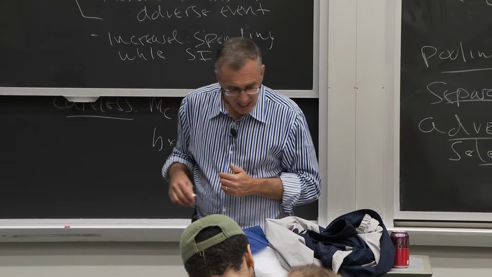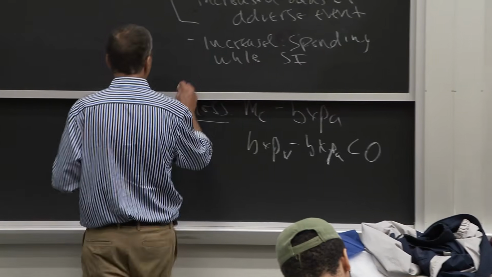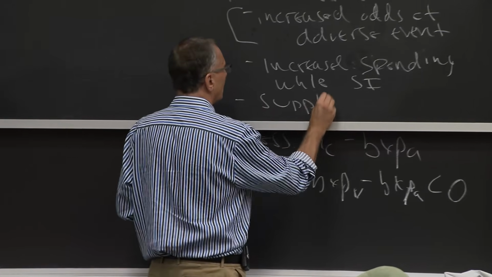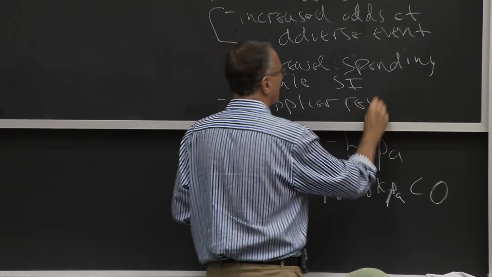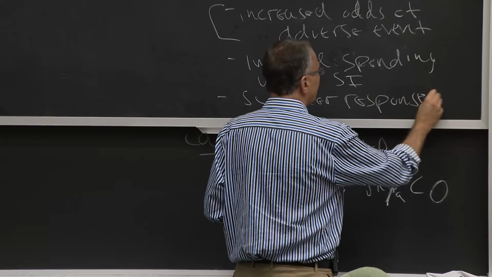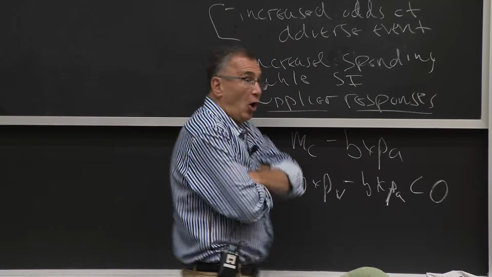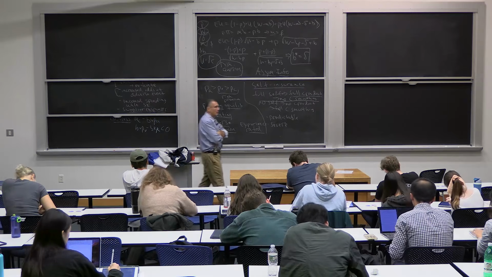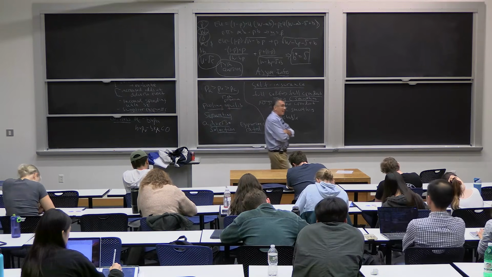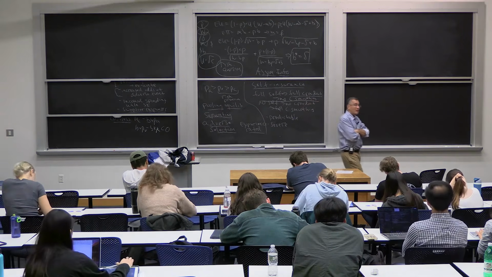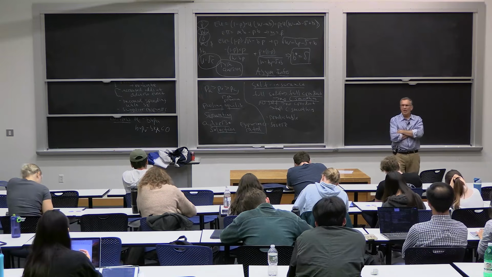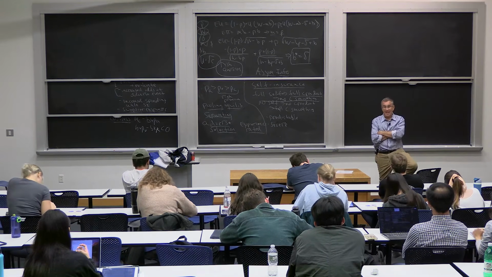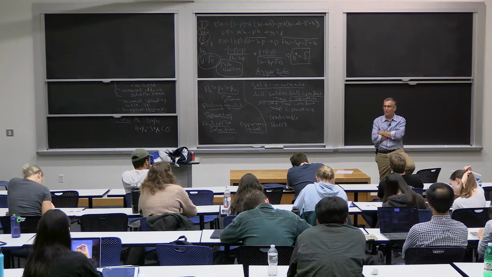Okay? And then finally, we have the other interesting case, which is supplier responses. This is the idea that basically because someone has insurance, I make more money on them. So a physician, I don't know, you guys probably haven't taken your cars for repairs much. When you take your cars for repairs, the mechanic will ask you, is this for insurance or not for insurance?